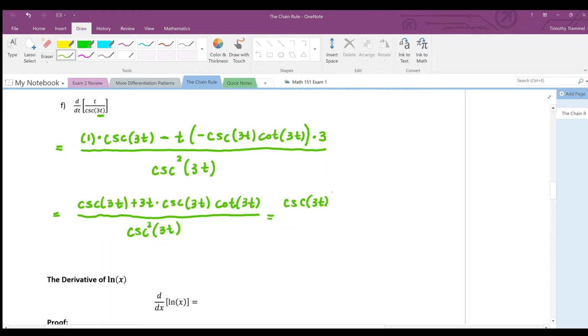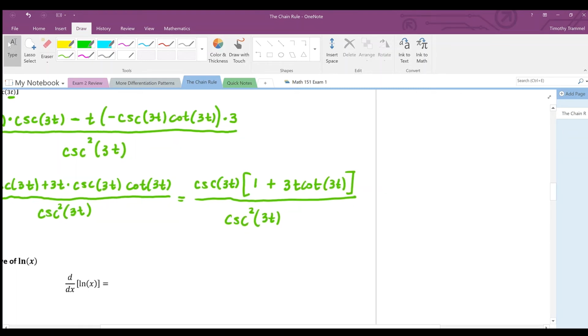If I factor a cosecant of 3t from the first term, that just leaves me with a 1. And if I factor out a cosecant of 3t from the second term, that leaves us with a 3t cotangent of 3t, all over cosecant squared of 3t.